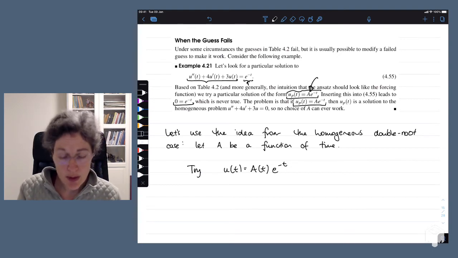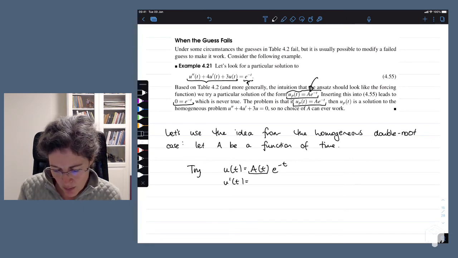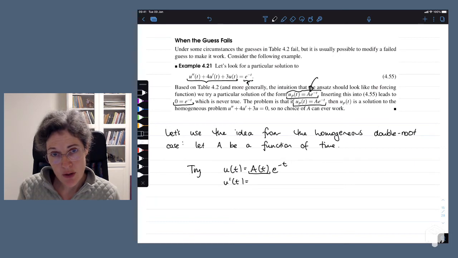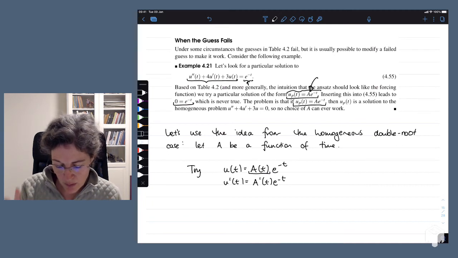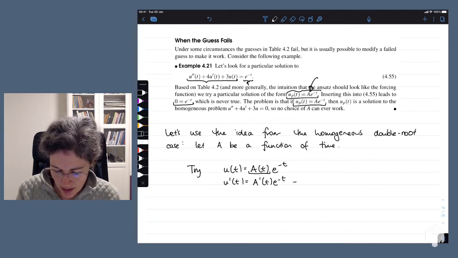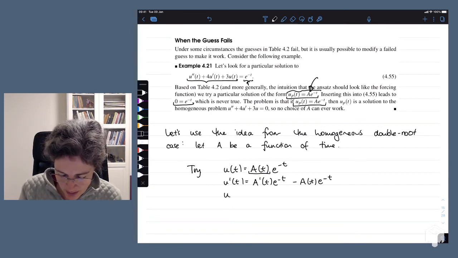Well, we do what we've been doing all along, so now we find our first derivative. And now we have to be careful, because when we take this derivative, remember a is a function of time, so we've got a prime of t e to the minus t. So that's the derivative of the a of t. Now we need a minus a of t e to the minus t. And now we take the second derivative.